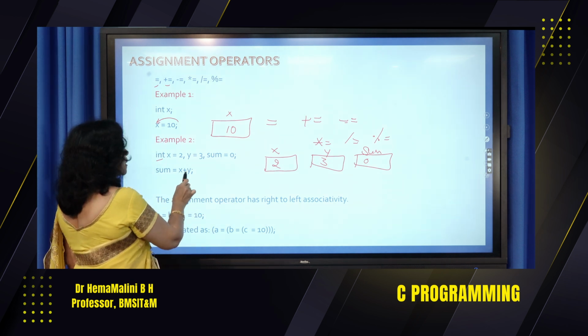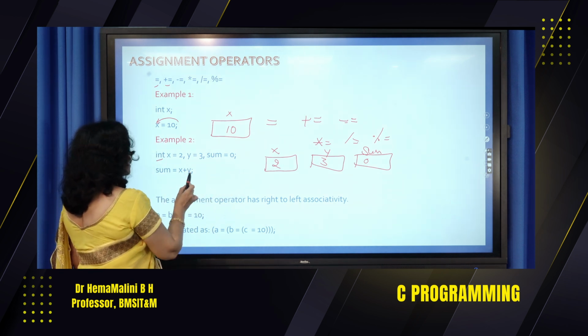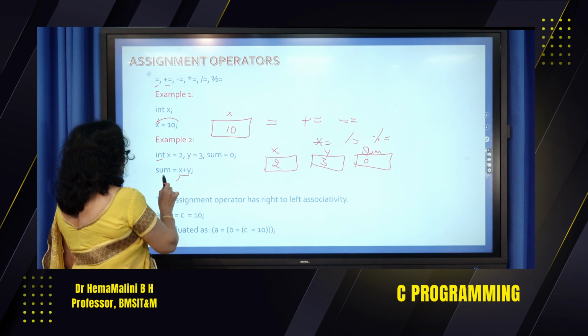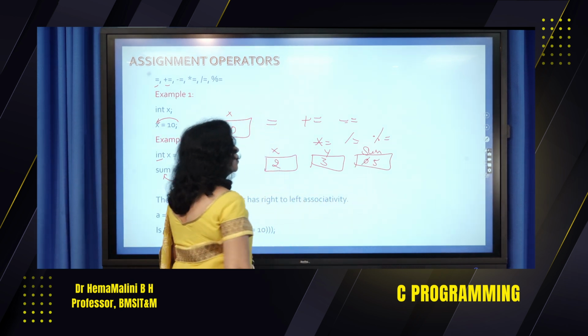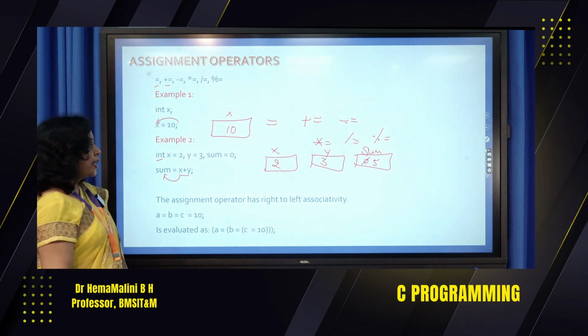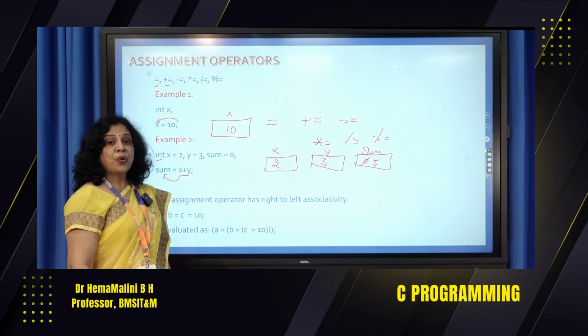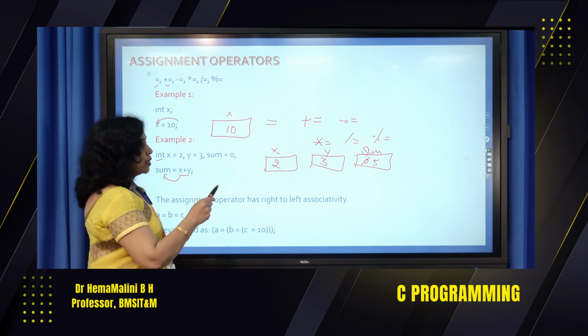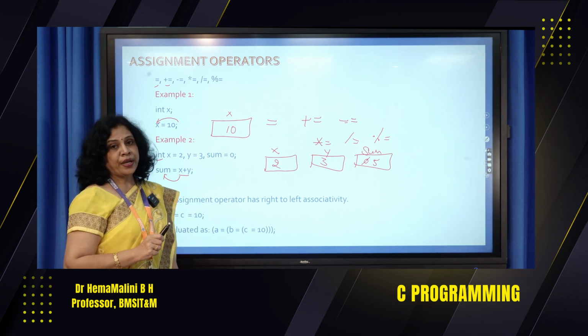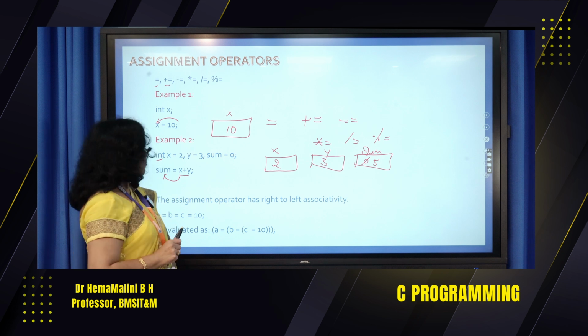Then sum equals x plus y, so this is 2 plus 3. The result is stored in sum, so sum will get the value 5. Any variable at any instance can hold only one single value. So whenever a new value comes, the old value is overwritten. This we will have to know.